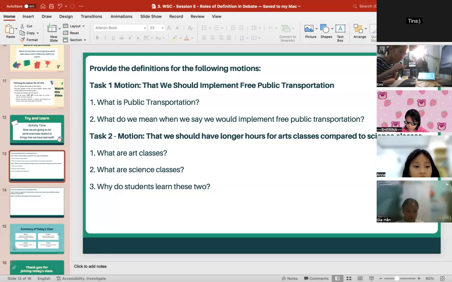And when we say we should implement public transportation, we mean that we should have more people use public transportation instead of traveling on their own motorcycles and cars.